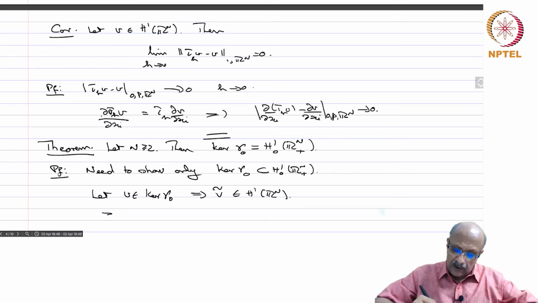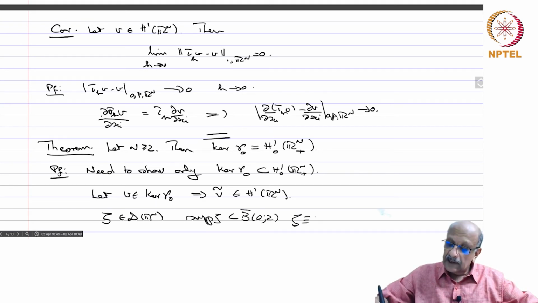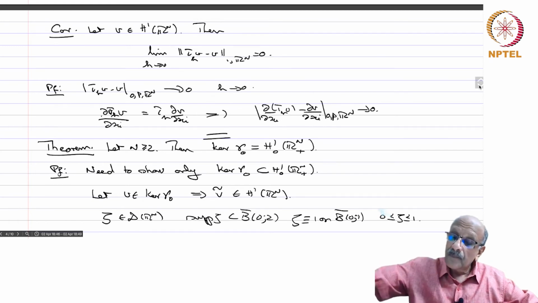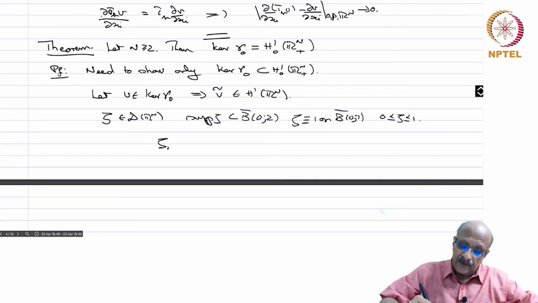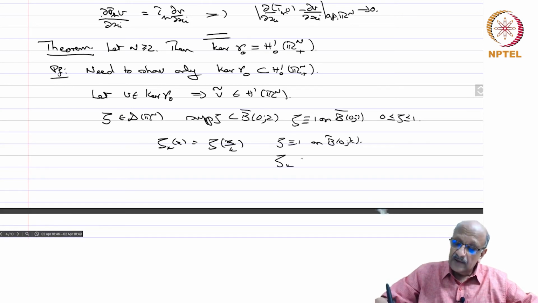Now let us go back to our friend: zeta in D of Rn, support of zeta contained in B(0,2), zeta identically 1 on B(0,1), 0 less than or equal to zeta less than or equal to 1, and zeta k of x equals zeta of x by k, and therefore zeta k is identically 1 on the closed ball B closure with center 0 and radius k. And zeta k is in D of Rn as well.